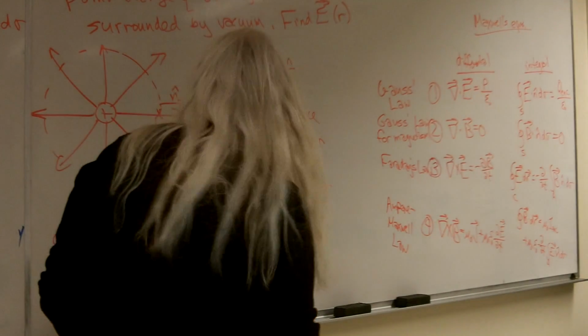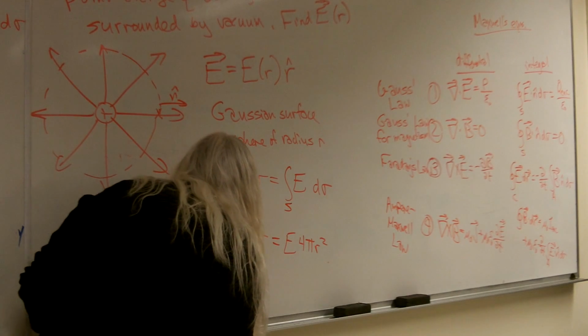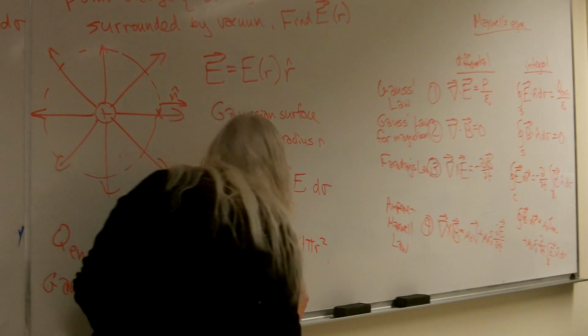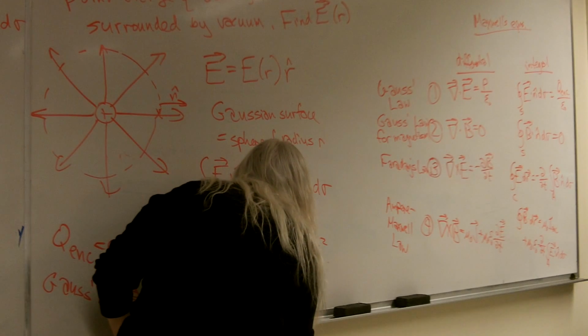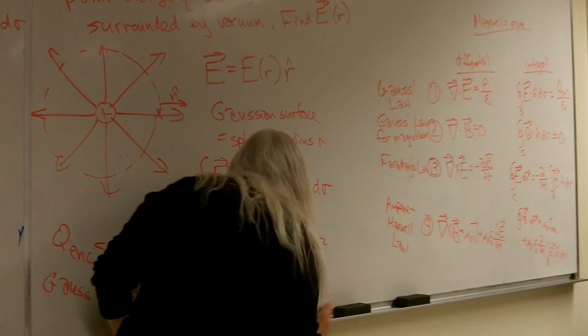On the right-hand side, the enclosed charge, little q, we divide by epsilon naught. So we can solve this for E as q over 4 pi epsilon naught r squared.